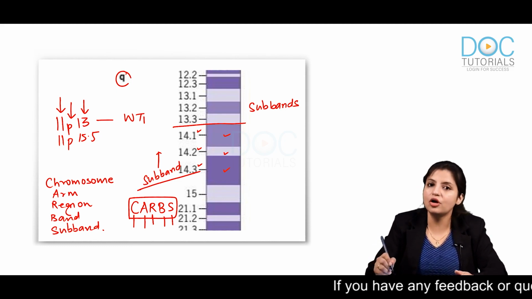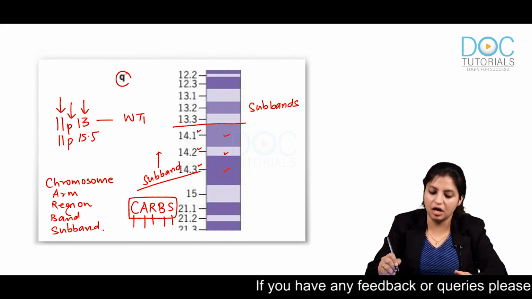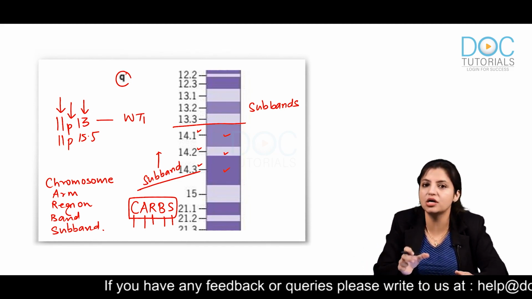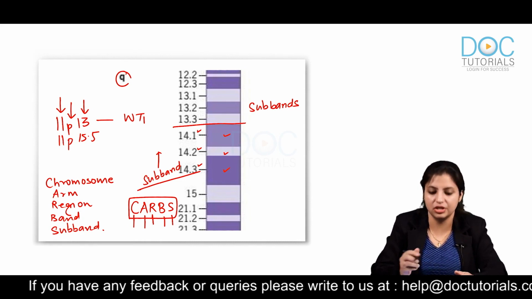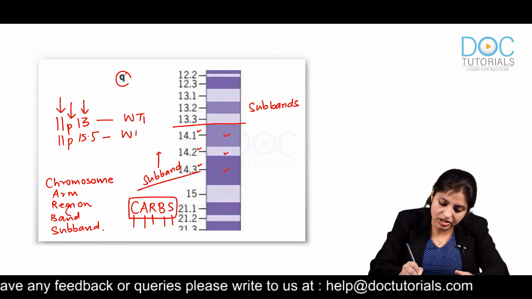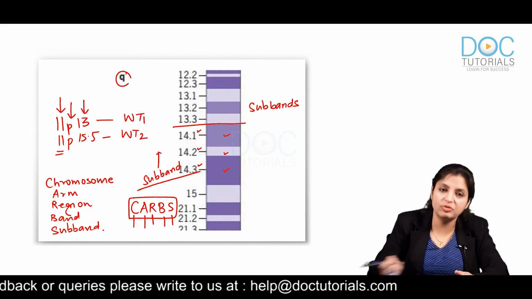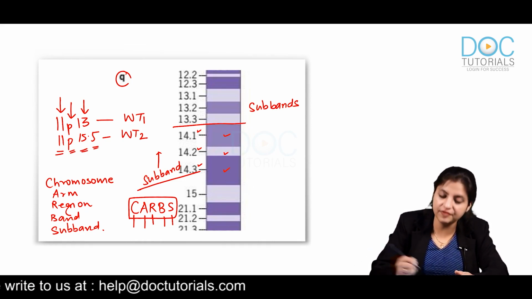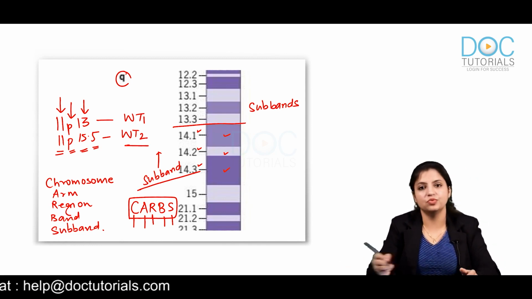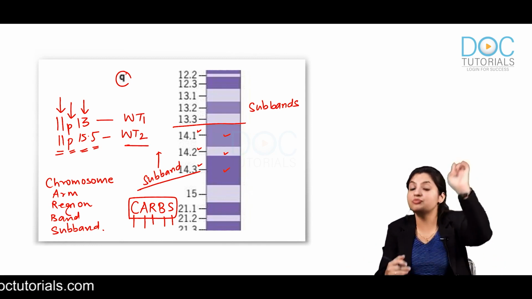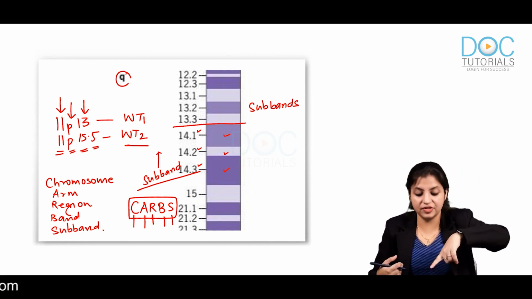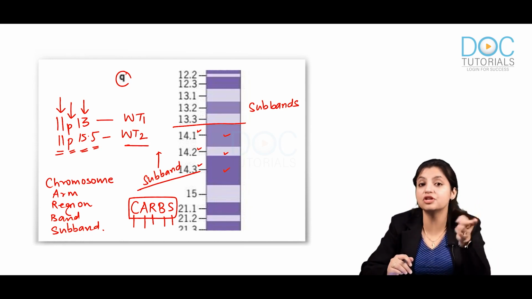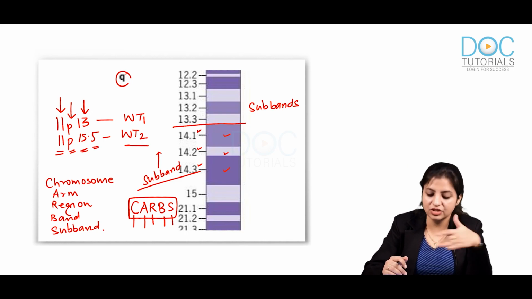Whereas on chromosome 11, short arm, region 15, in the fifth band, we have WT2, that is 11p15.5.